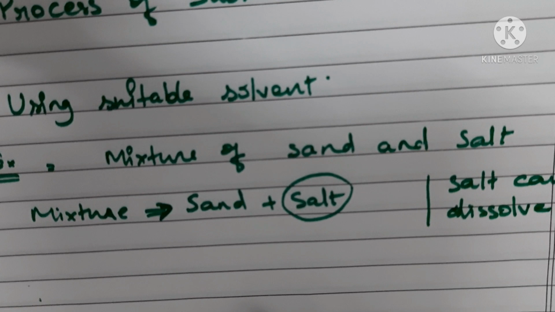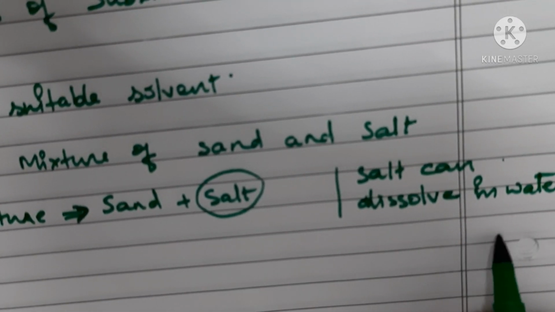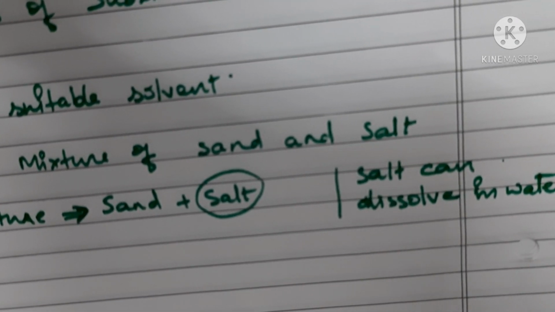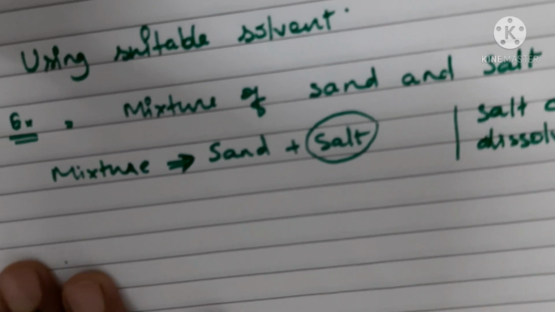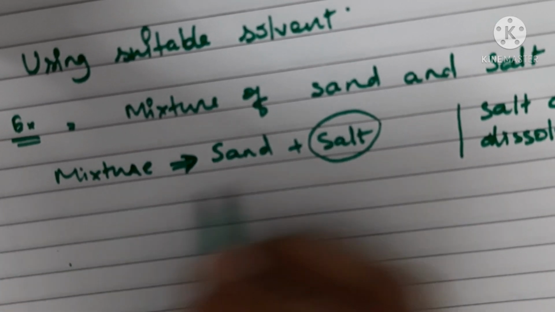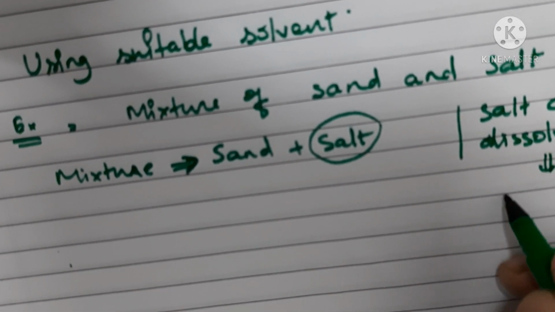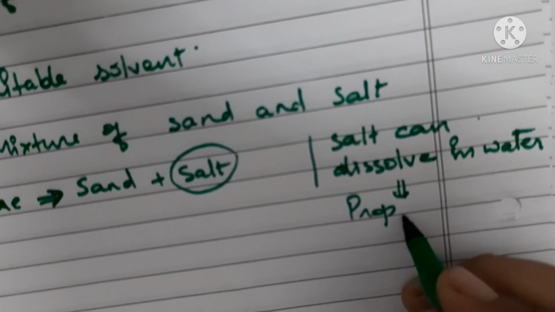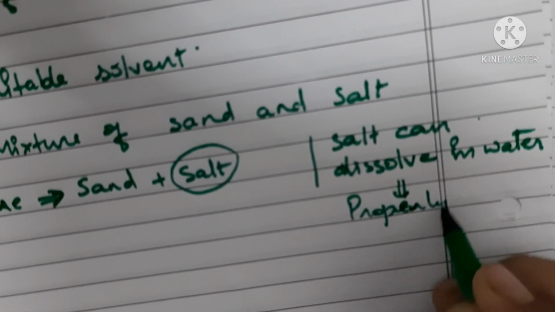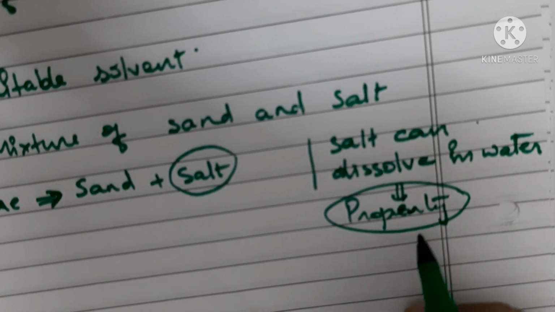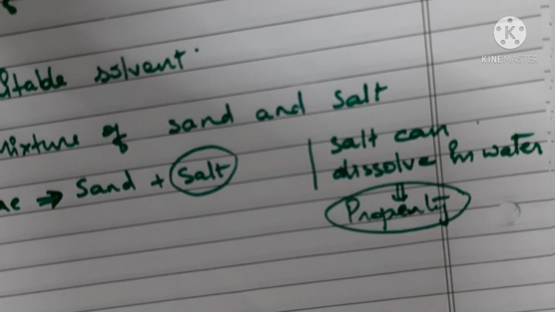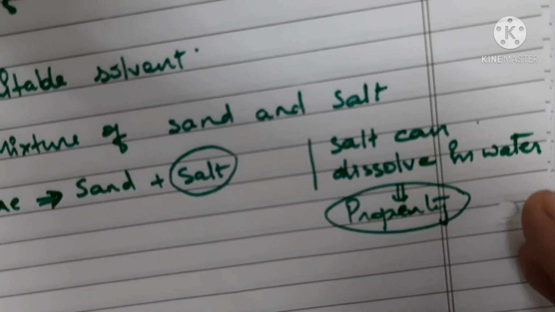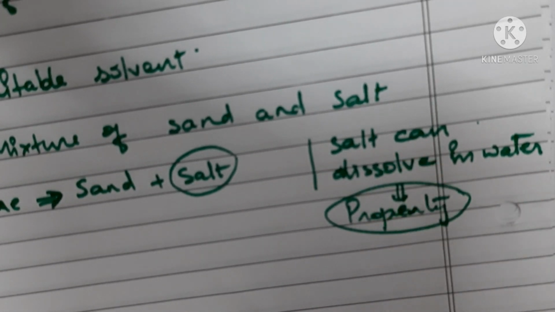It has a property to dissolve in water, and since salt is soluble in water, we are going to use water as a solvent here. This is one of the properties of salt which we are going to use here: salt can dissolve in water.